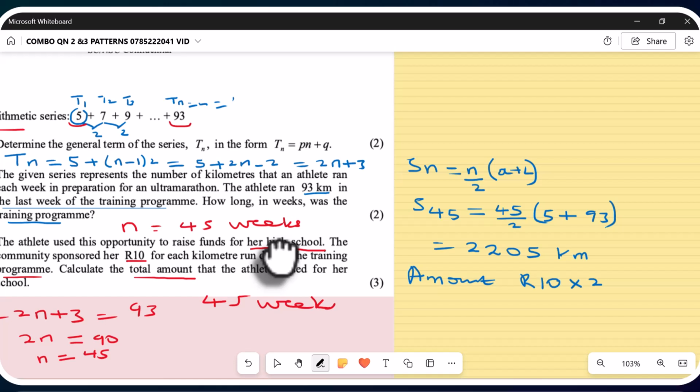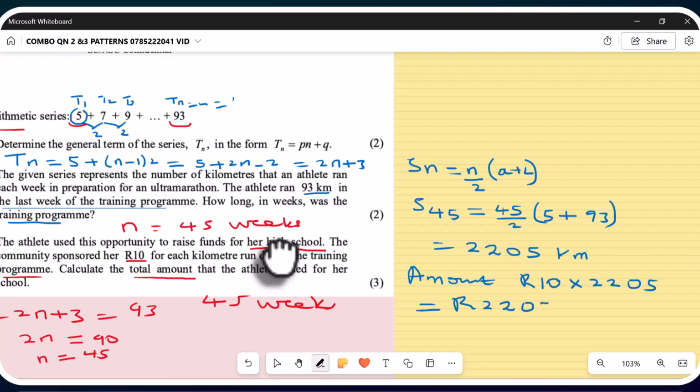So now from here, we can get our common ratio. The common ratio is given by T2 divided by T1.